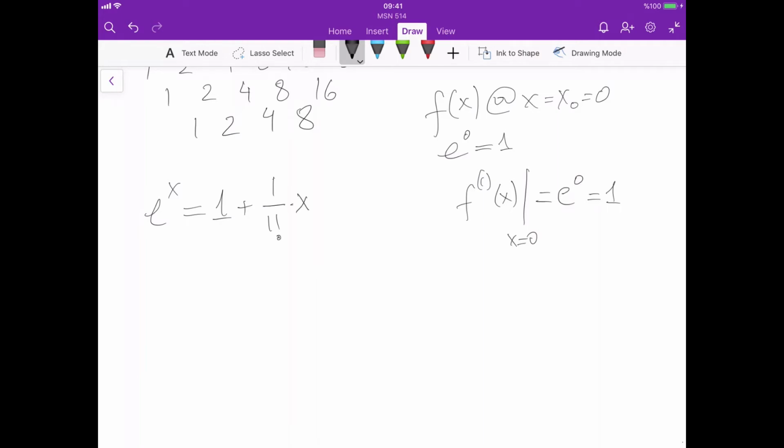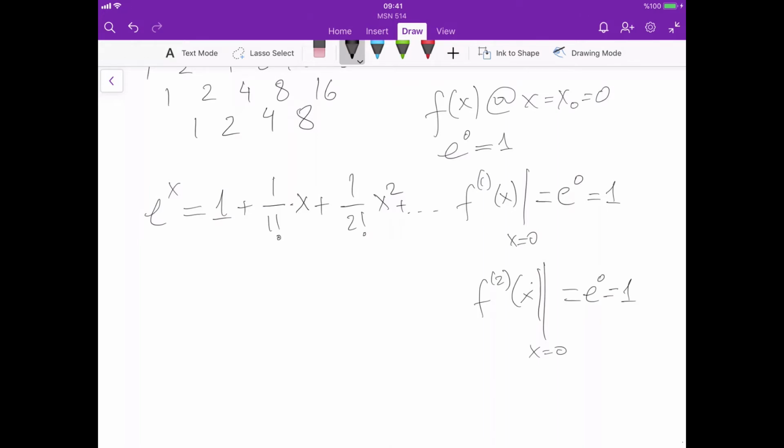Do you agree? The next term is the second derivative of e to the x, right? And again, it's e to the x, so e to the 0, it's 1. Am I going too slow? Okay, 1 over 2 factorial x squared, and etc., right?